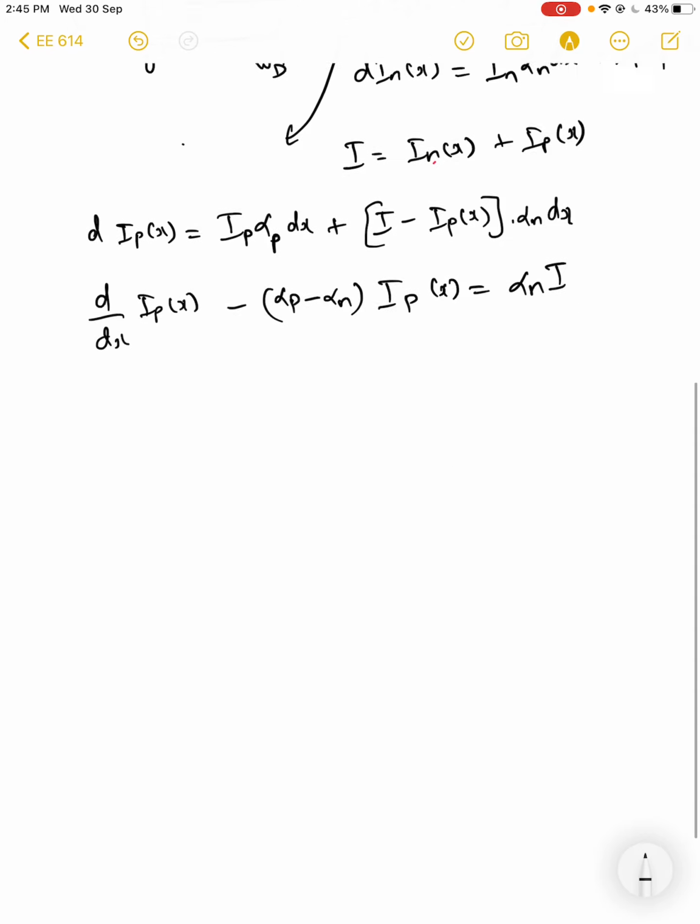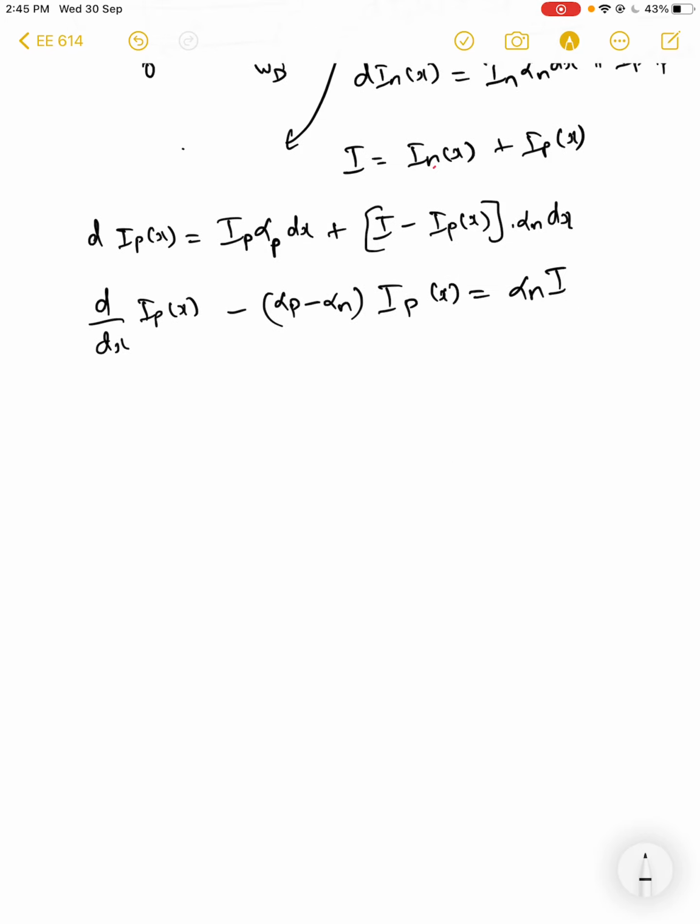So basically this is a very well-known form of equation. Basically you have a y dash plus p y equal to q kind of equation, and you know what the solution for this is.